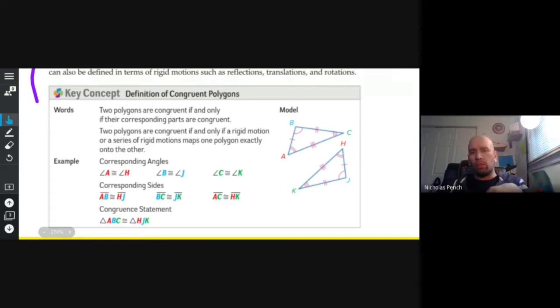Since A matches up with H, B with J, and C with K, we use that exact order. I'm not going to say ABC is congruent to KJH, because you're now implying that A corresponds to K, which it doesn't.